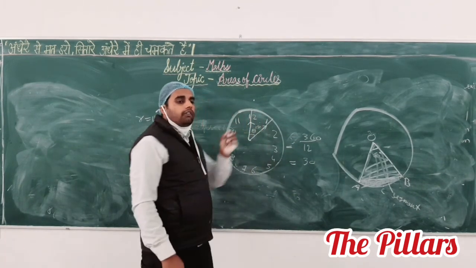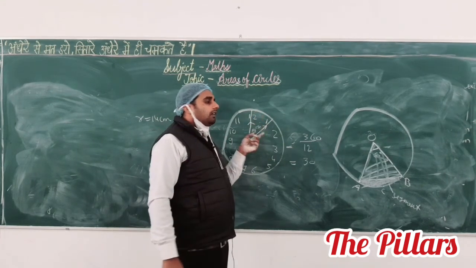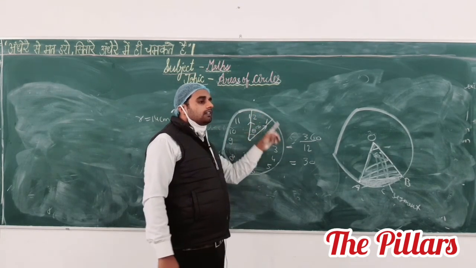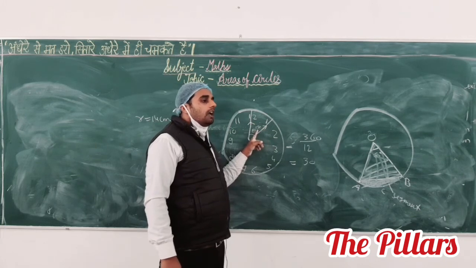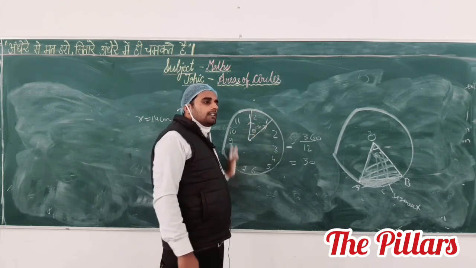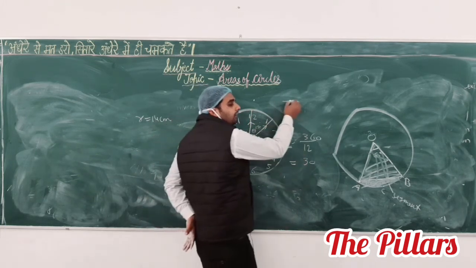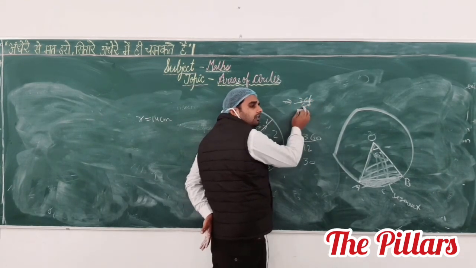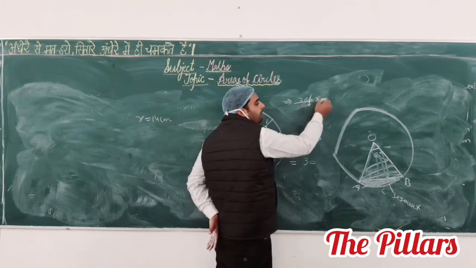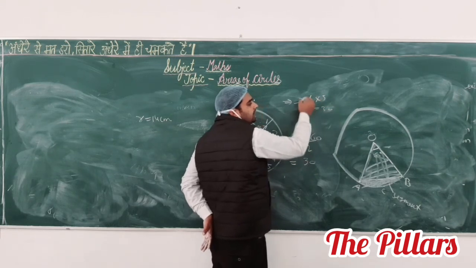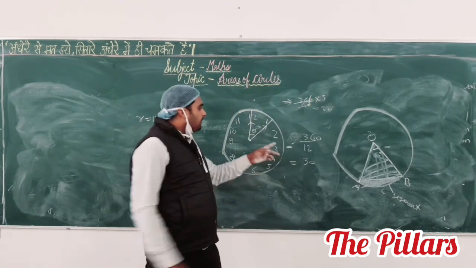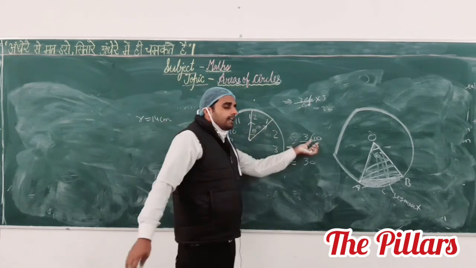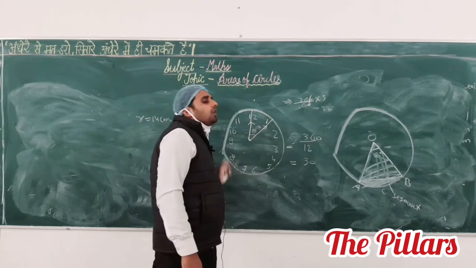Second method: calculate for 1 minute. The total is 360, and for 1 minute it is 360 upon 60. You want to calculate for 5 minutes, so 6 fives are 30. Otherwise, the total angle is 360 degree and here total 12 parts are there.